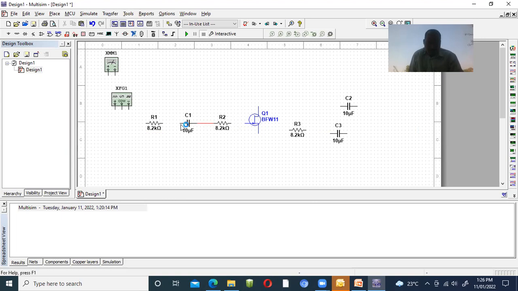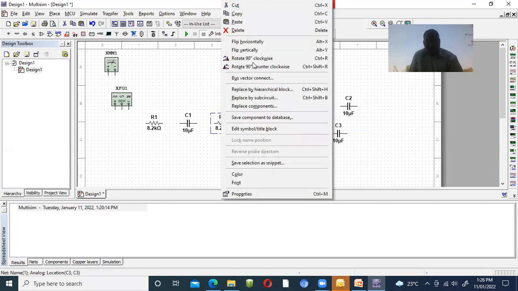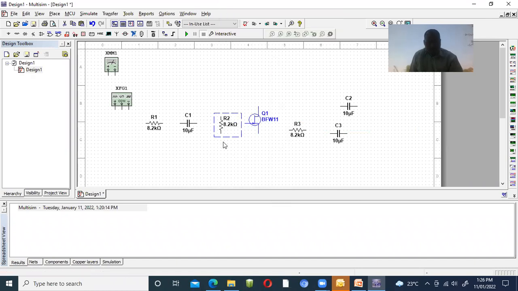After all that, see, delete because we have corrected this downward. So right click on that, rotate 90 degrees clockwise, right? After all that, this should be going downward, right? So R1 indicates 8.2K, right? This should be connected to the positive of this function generator.